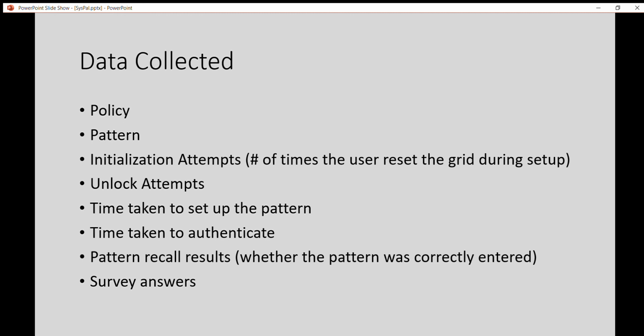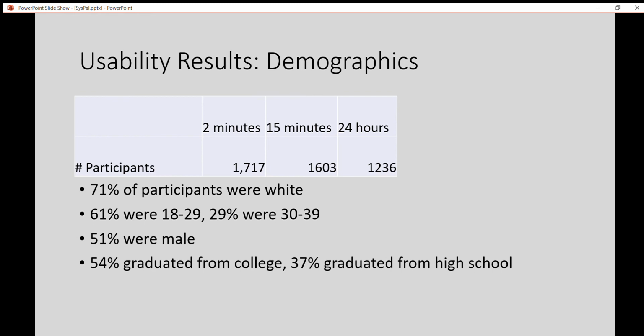Data was also collected for the number of unlock attempts, the time taken to set up the pattern initially, as well as the time to authenticate, pattern recall results, and essentially whether the user was able to remember their pattern, as well as the survey answers.